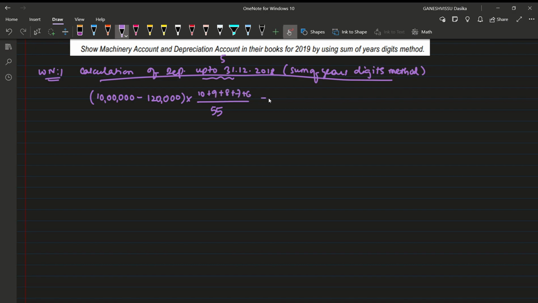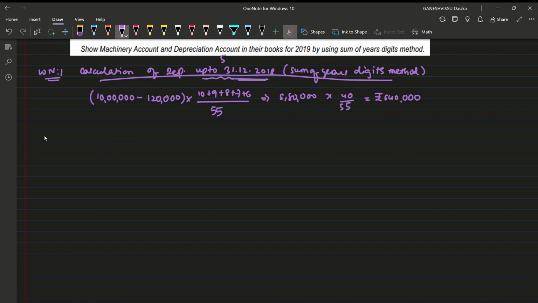So this is 8,80,000 into 40 by 55. 40 divided by 55 into 8,80,000, that is 6,40,000. This is the total depreciation which we have used up to 31st December 2018.